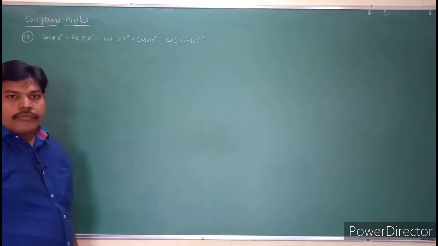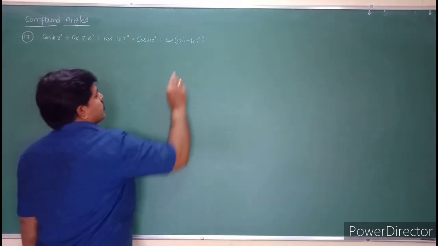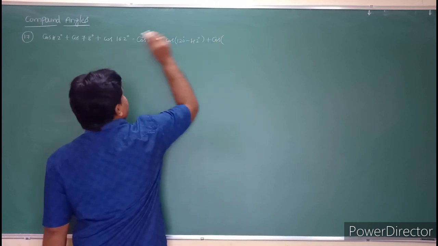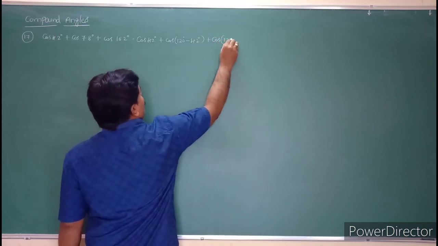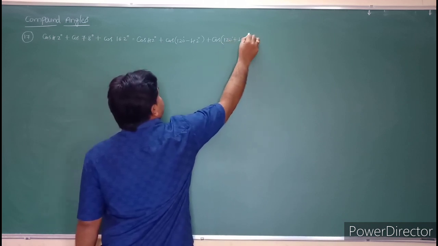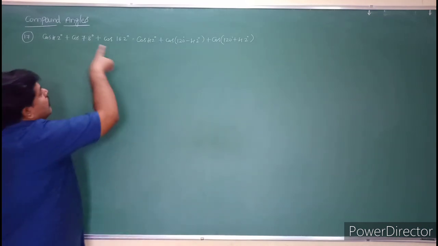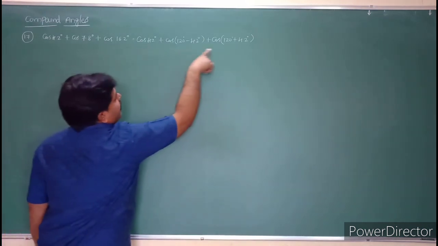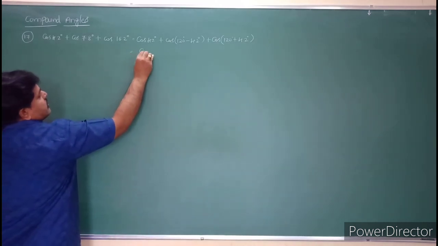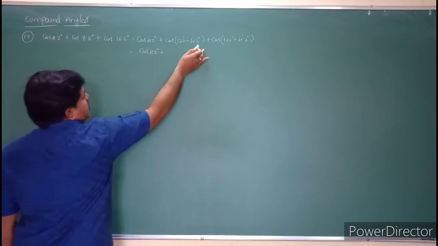Yes or no? 120 minus 42 is 78, and also plus cos of 162, which is nothing but 120 plus 42 degrees. Yes or no, students? So I have changed the problem into this form. So what is the formula here? See this one first. Cos 42 degrees plus cos of 120 minus 42.